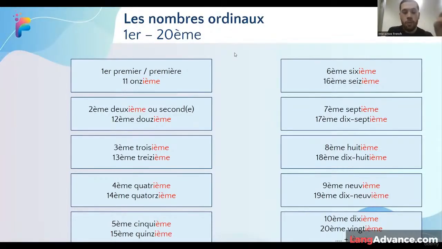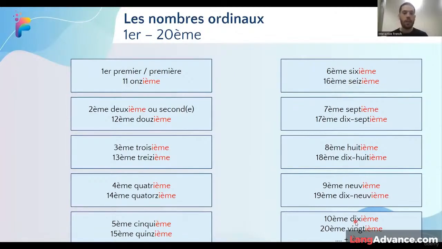So then when you say the following numbers, so the third, the fourth, the fifth, super easy. You say the number and you add ième. So it goes deuxième, troisième, quatrième, cinquième, sixième, septième, huitième, neuvième, dixième.